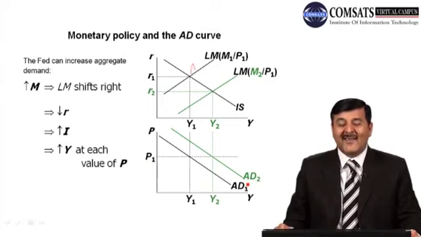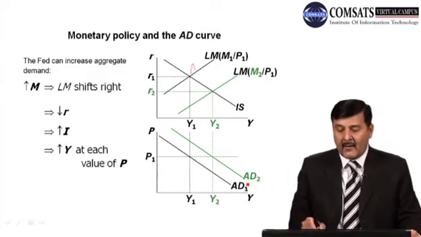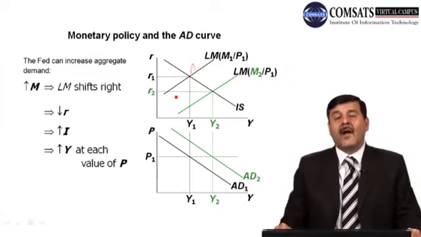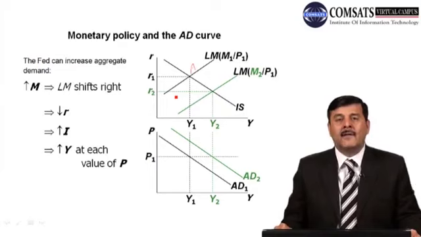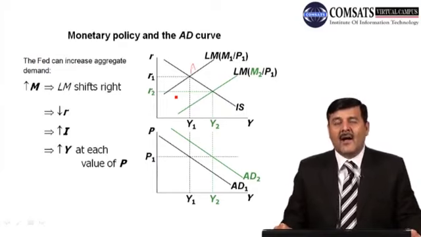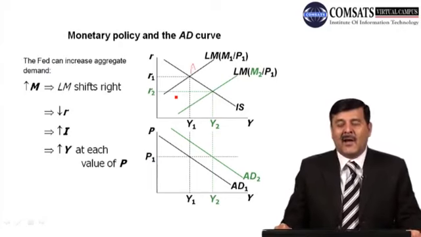Due to this increase in money supply, the aggregate demand curve shifted rightward. The price remains the same, P1, but the income level has increased from Y1 to Y2 in diagram 2 because of the increase in money supply from M1 to M2.